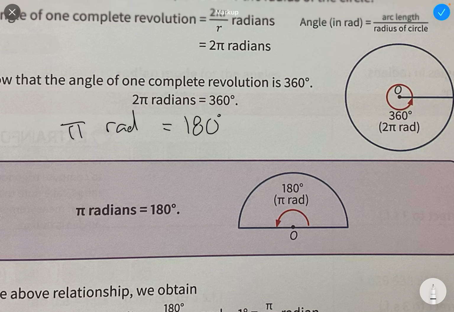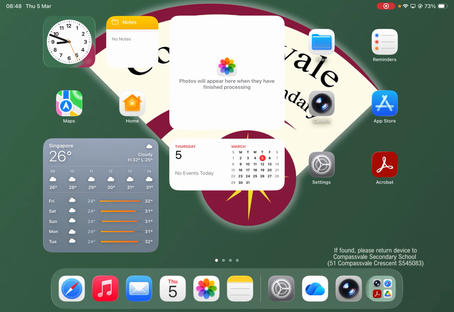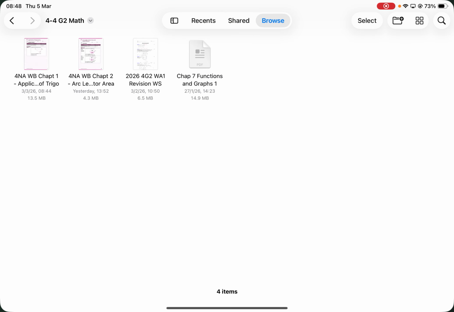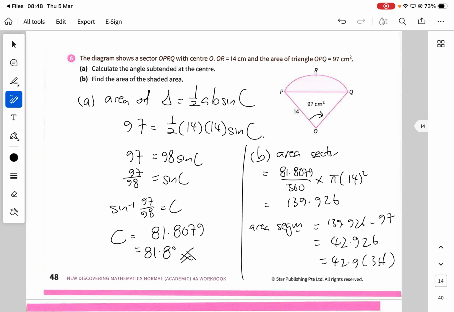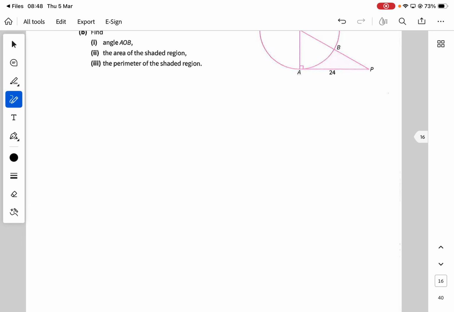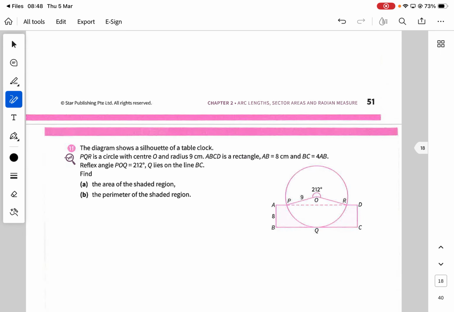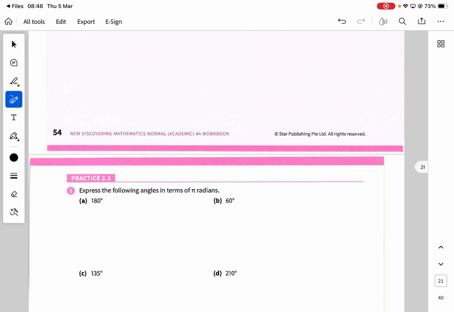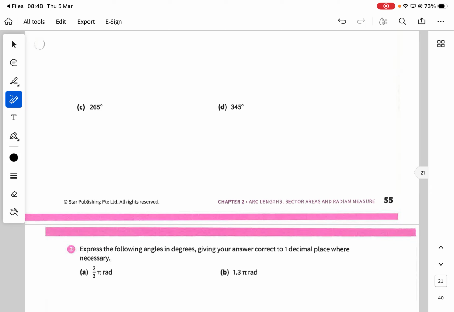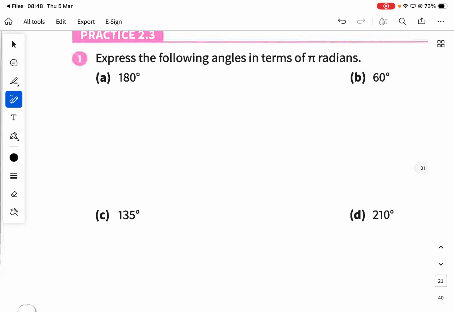So pi radian is 180 degree. So if 1 degree, it will be pi over 180. Then 210 will be 210 over 180 times pi in terms of radian.